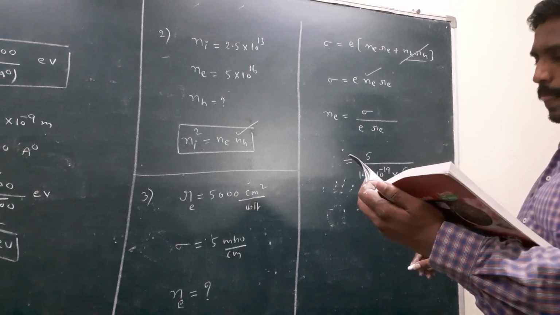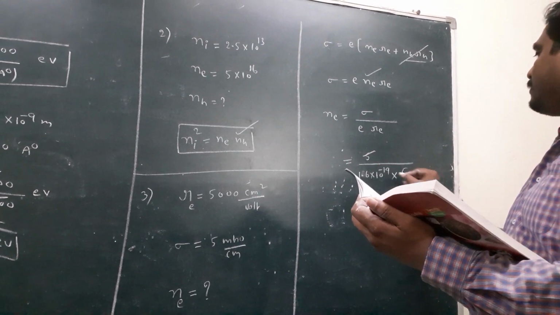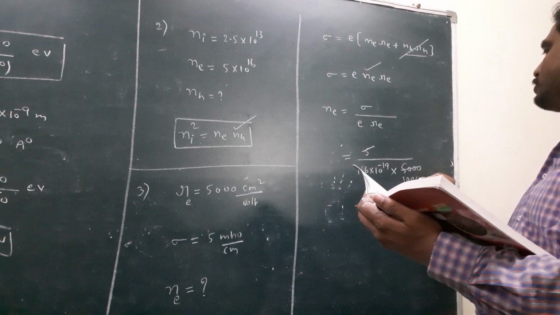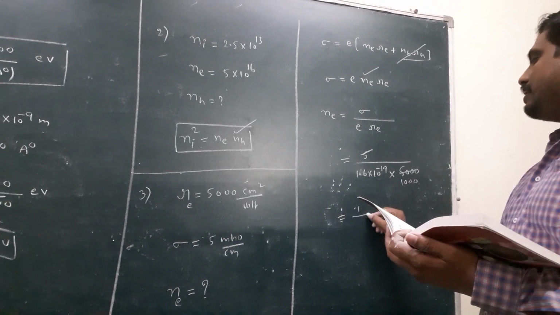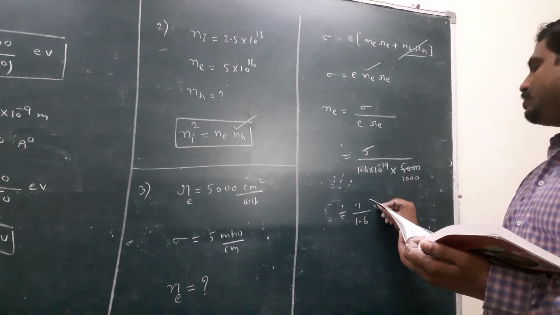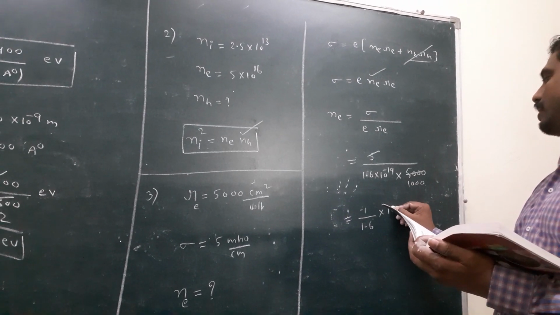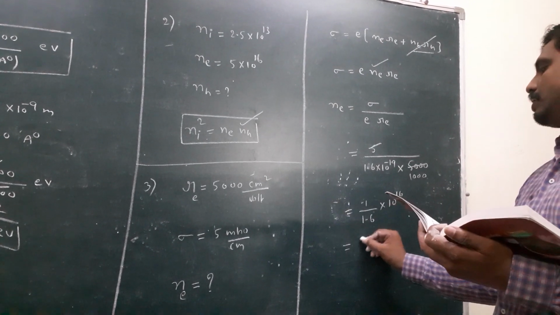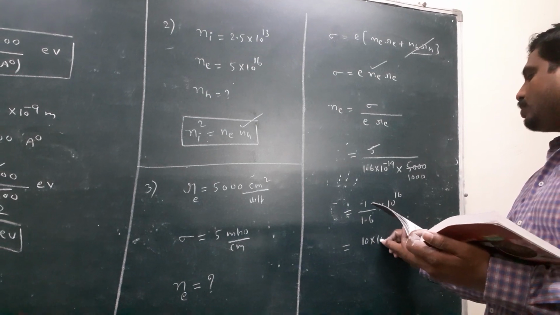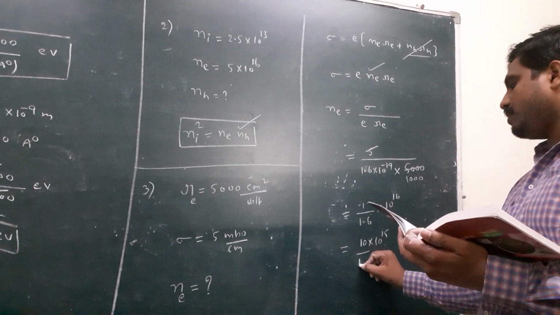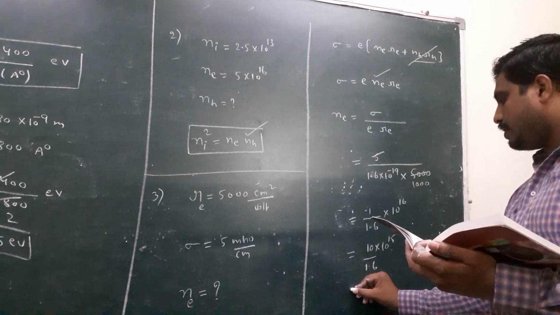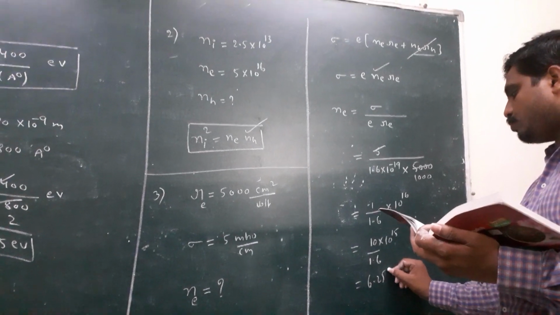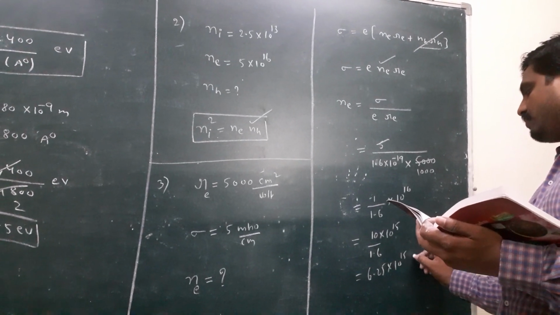Here 5 divided by 5000 is 1 by 1000. Neatly written as 1 by 1.6 into 10 power 16. It is written as 10 into 10 power 15 by 1.6. Here neatly written as 6.25 into 10 power 15.